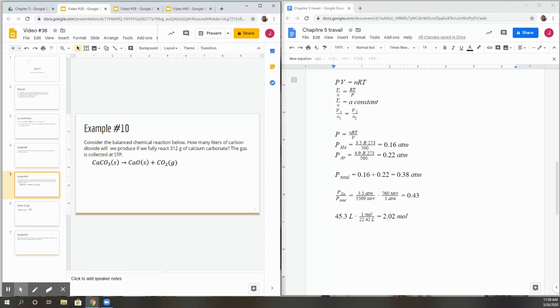Okay, I'll work through this one. It is more or less just the regular old stoichiometry that we're pretty used to doing.